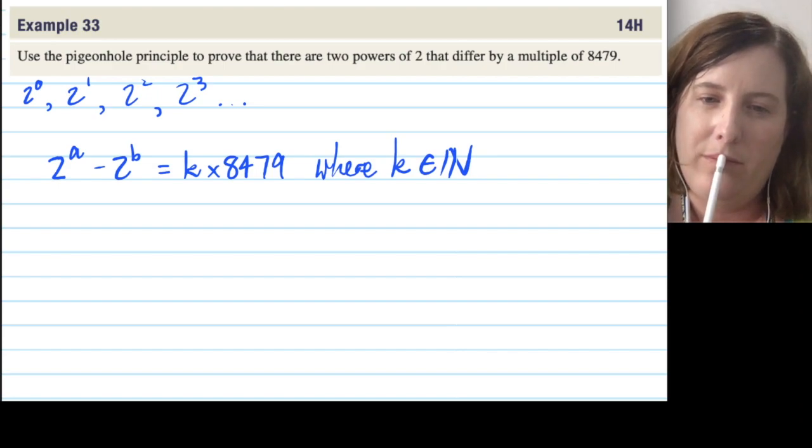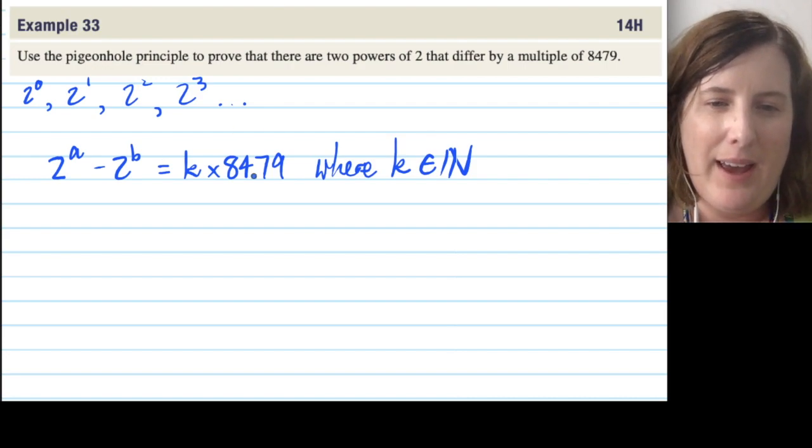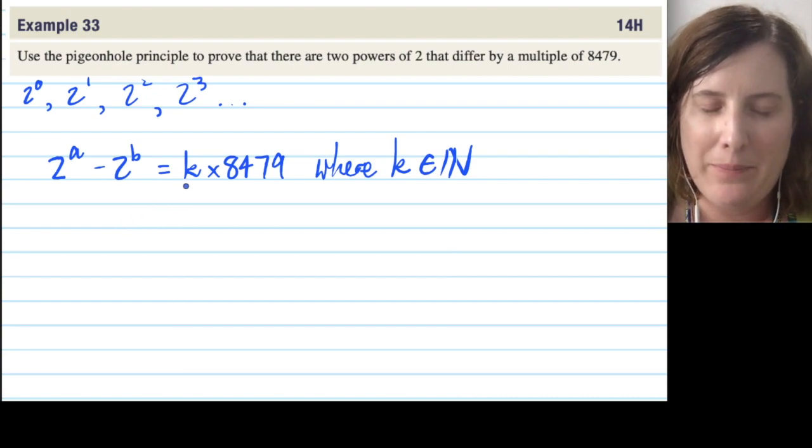So if that's the case, then once we've divided them by 8,479, it should come out as some kind of whole number.